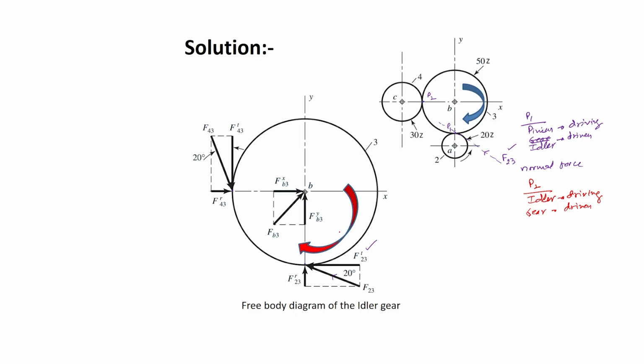The direction of rotation of the idler for this P1 is this one, and so the transmitted load will act in the direction of rotation of the idler.